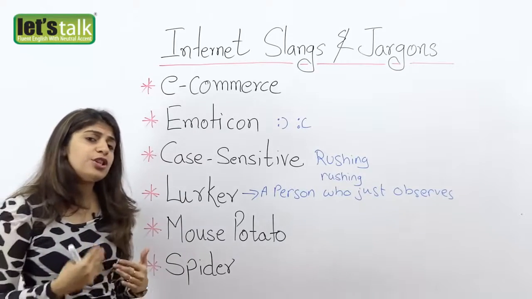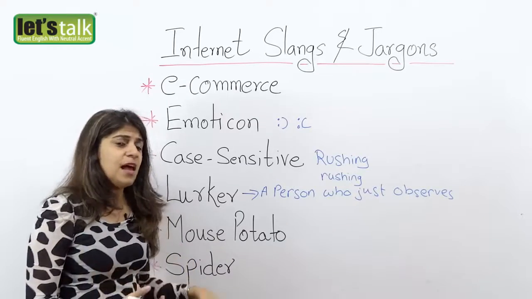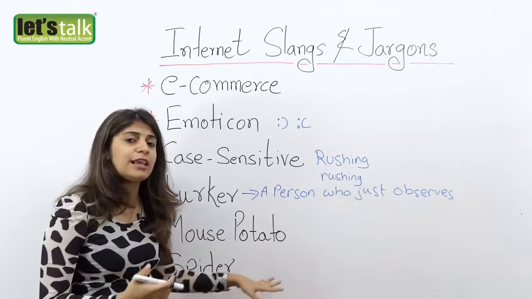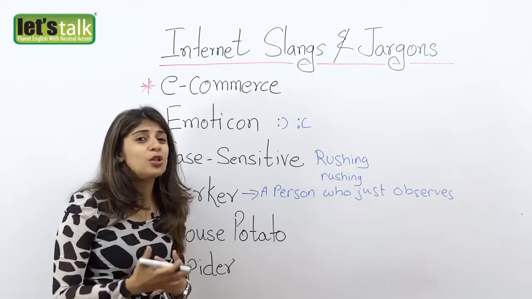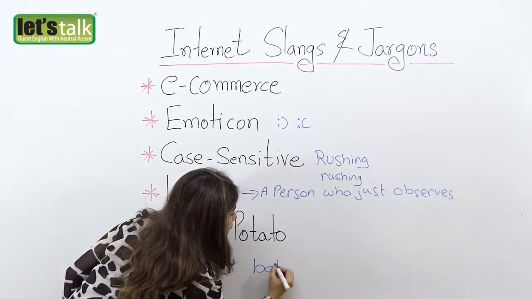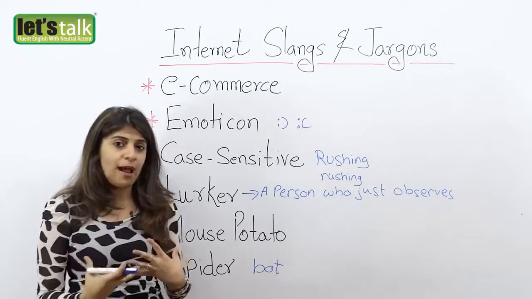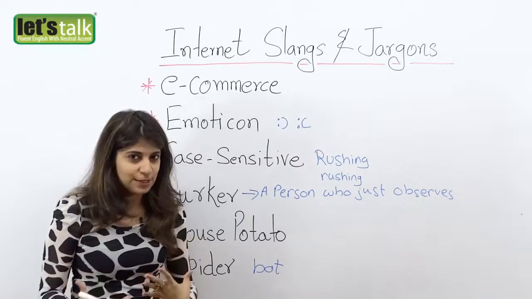A lot of search engines have these programs. Either they are called spiders or crawlers, or we also have bots. So these are certain programs that are set up by search engines.